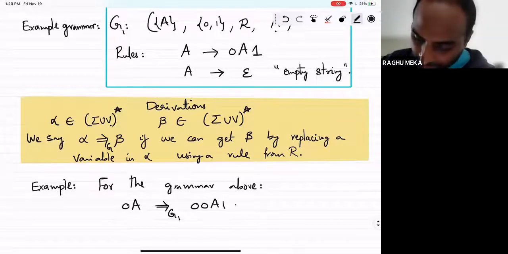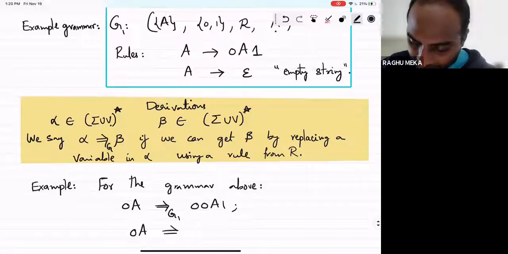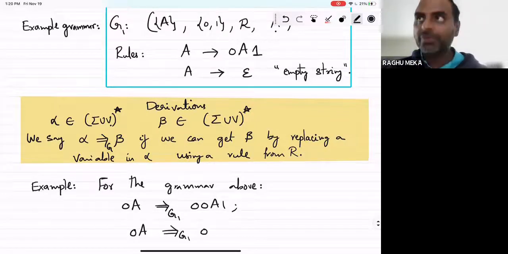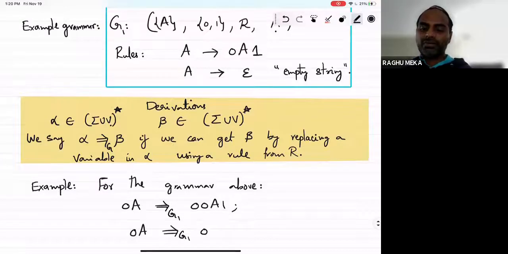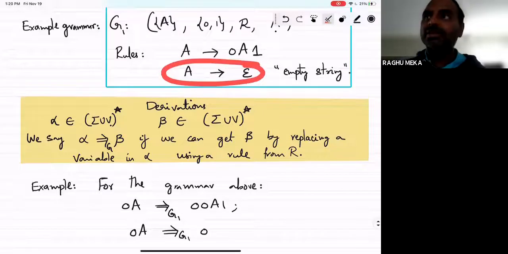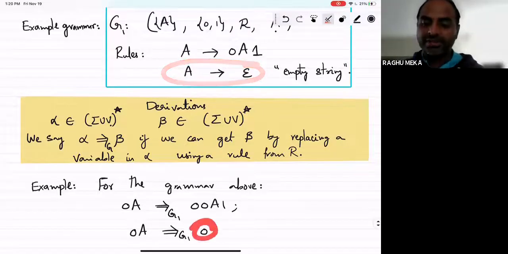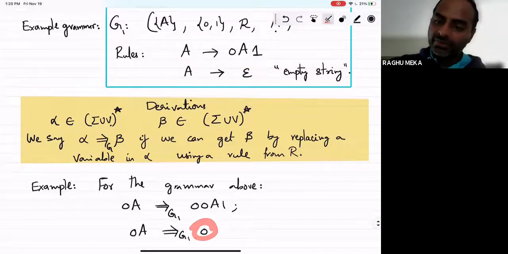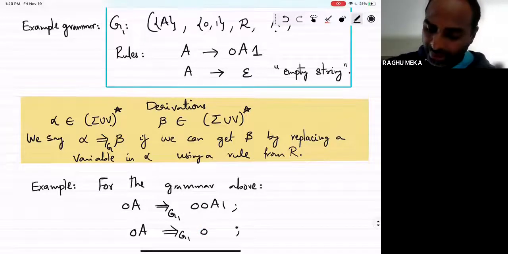All right. Another example is 0A implies just 0. Why? I could apply the rule A to epsilon, just replace it with the empty string. So I get this. I can go on like this.